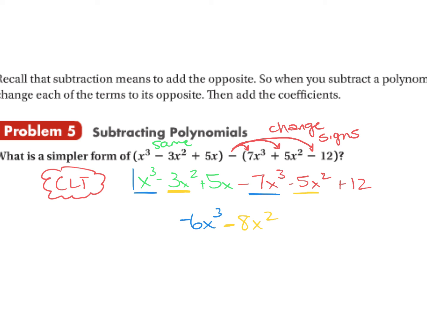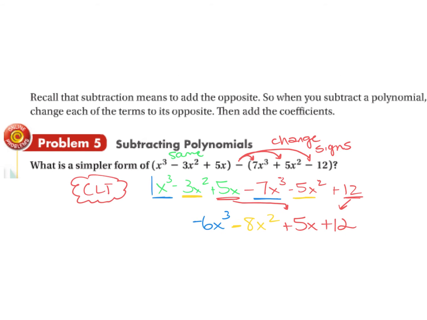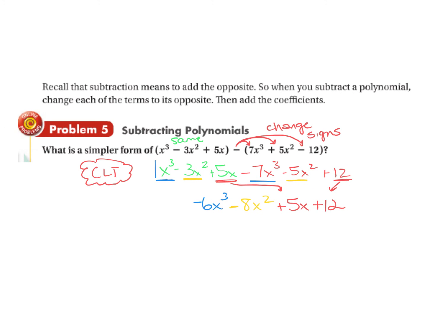Now, I see that I have this 5x, but there's no other plain x term for that to join with, so we'll just bring that down. Same thing with the 12. There's no other number for that to join with, so we're just going to bring that down. This is in standard form. We have to make sure that all of our answers are in standard form. Biggest exponent down to the littlest exponent.